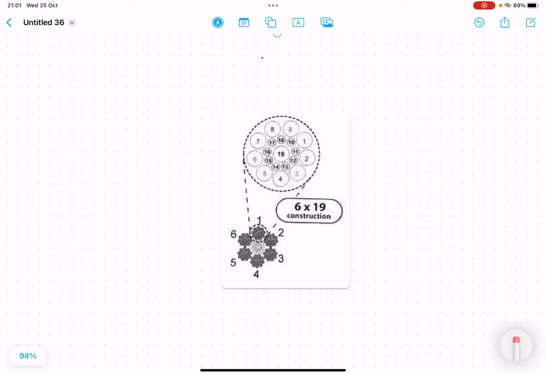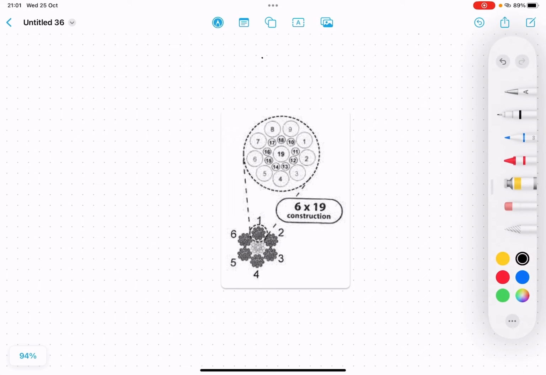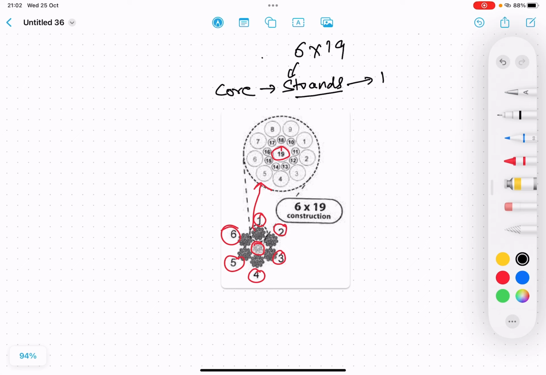Suppose it is a 6 into 19 construction wire rope sling. 6 into 19 construction means there is one core, and on this core there are 6 strands, 1 2 3 4 5 6, and in each strand there are 19 individual wires: one center wire and wires over it. So it is 6 into 19 construction.